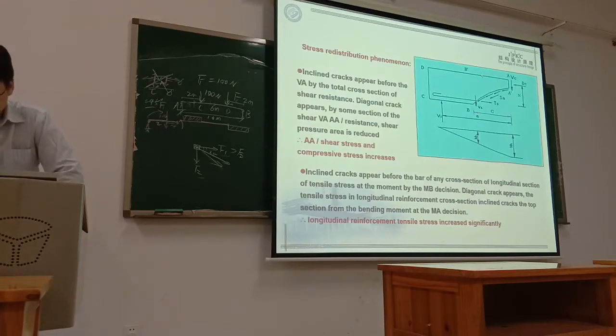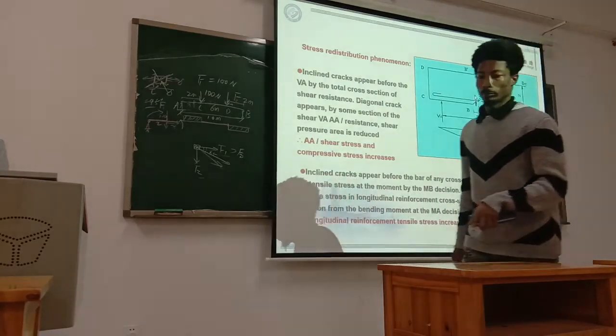So this is the main diagonal inclined crack. We take this part away to see the balance condition of this beam. This is the stress redistribution.